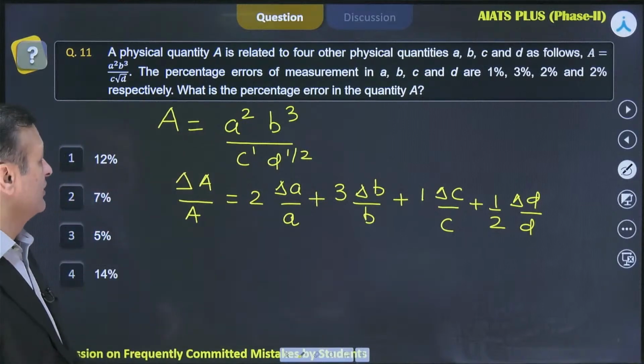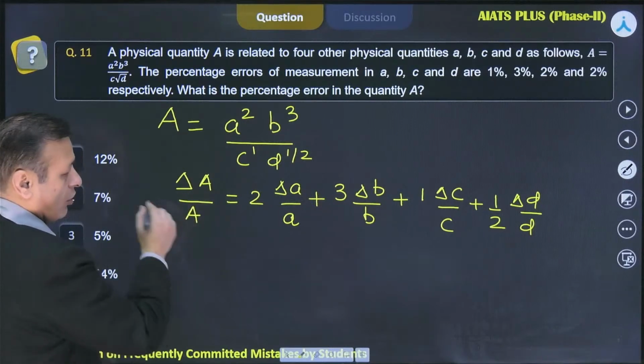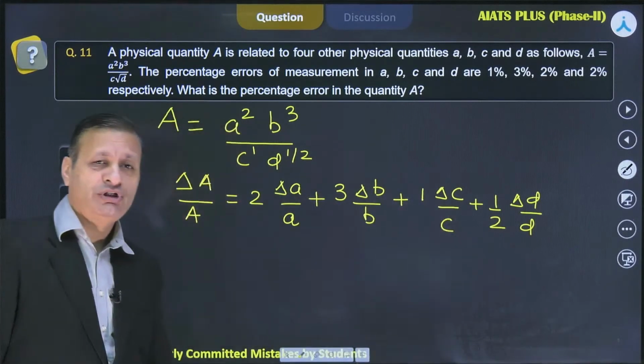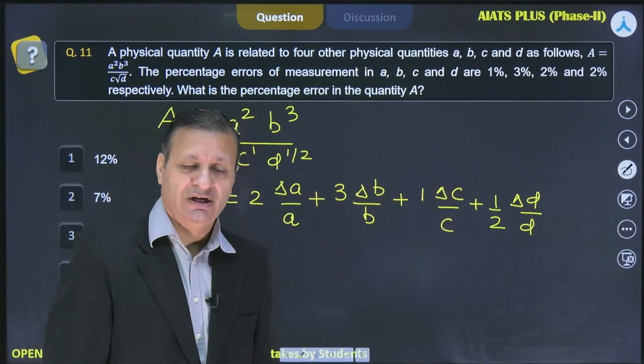Now the question is regarding your percentage error. We know if you multiply the whole equation with 100, every term will get multiplied by 100.